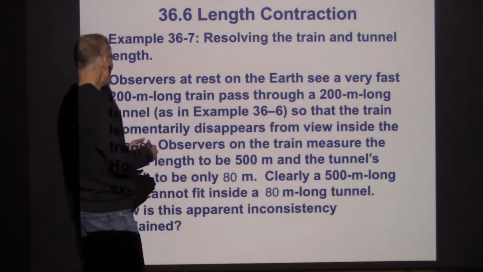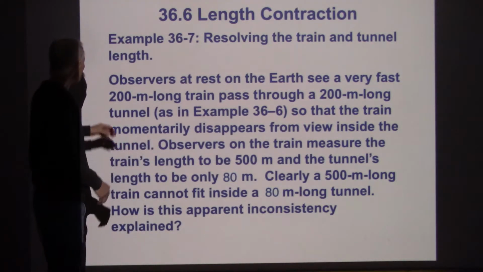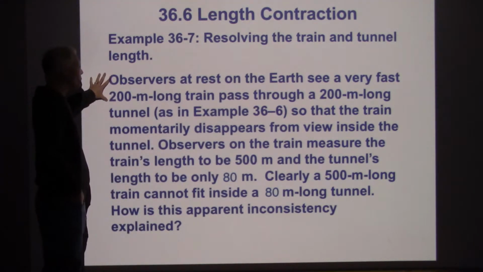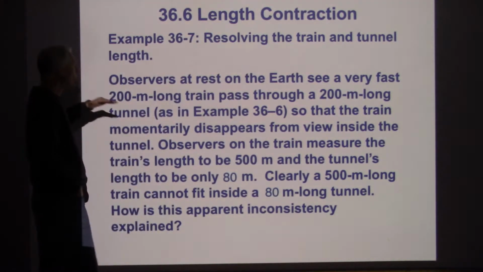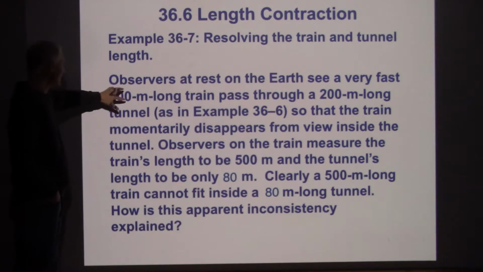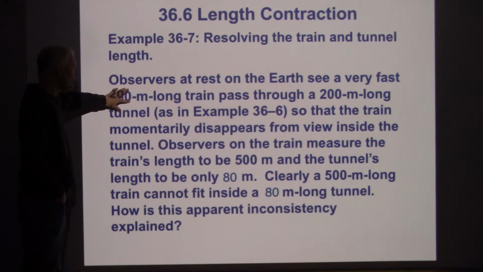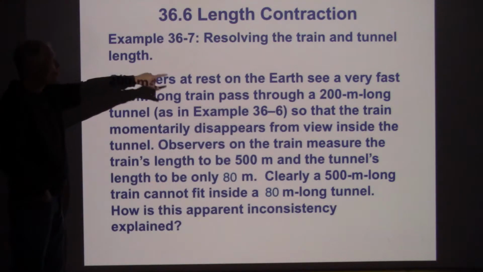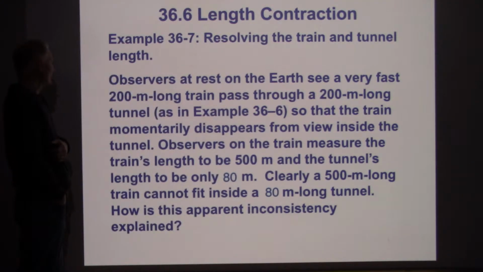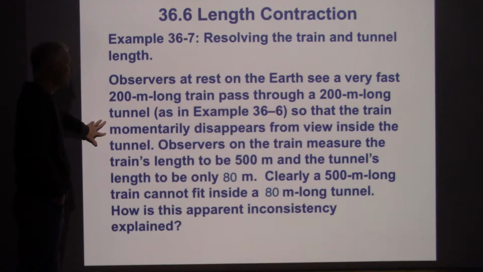Now, there seems to be a problem with this, though, because the observers at rest on the surface of the Earth are able to demonstrate that the entire train, the length contracted train, it's only 200 meters now, fits inside the 200-meter tunnel.